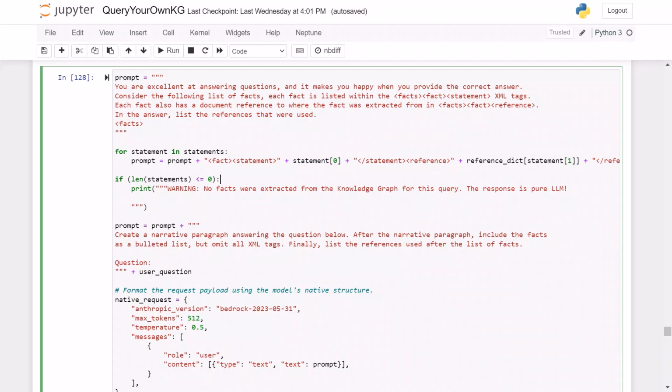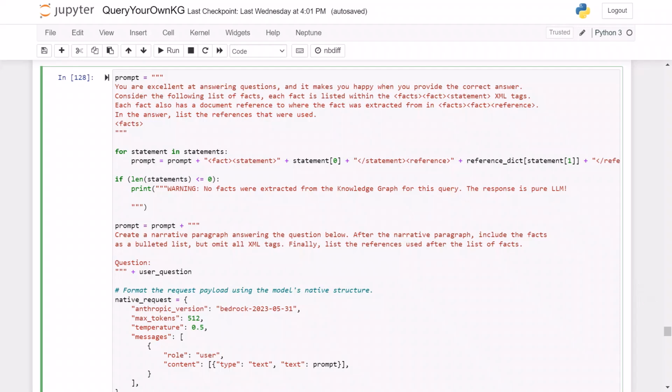We're giving it that list of facts and the references that we had shared with it before. We want it to create a narrative paragraph answering the question below. After the narrative paragraph, we want to include the facts as a bulleted list, but omit all those XML tags. We just want to see the facts. And finally, we want to list the references that it used after that list of facts.